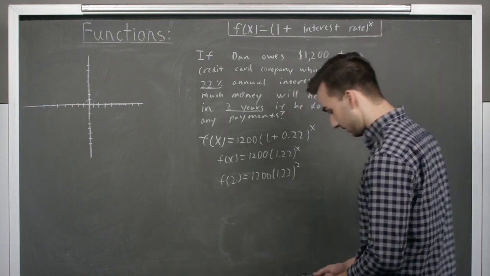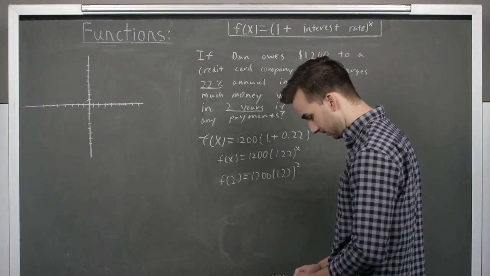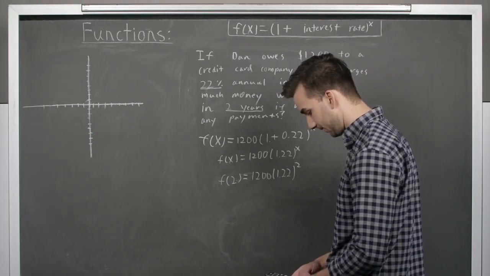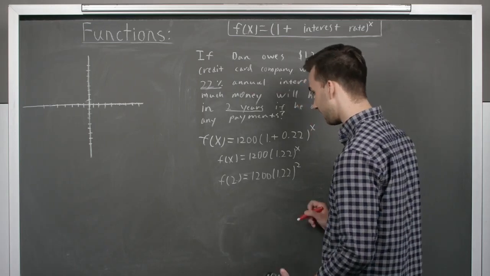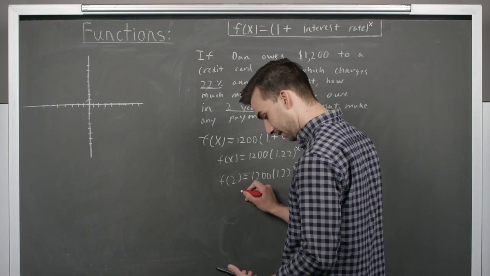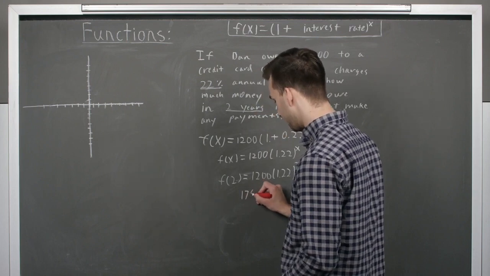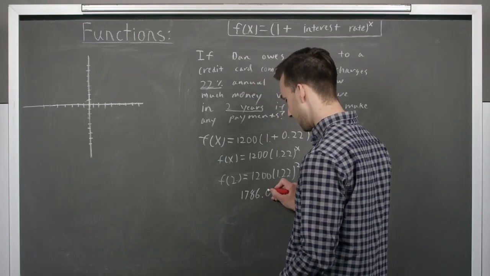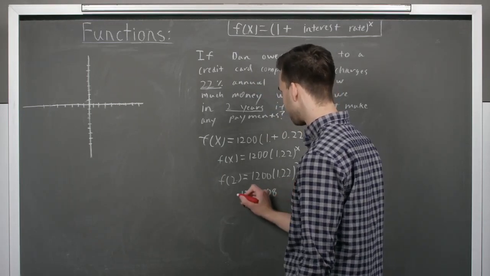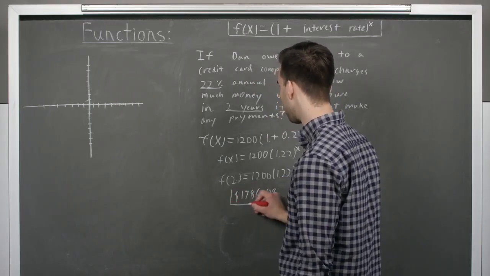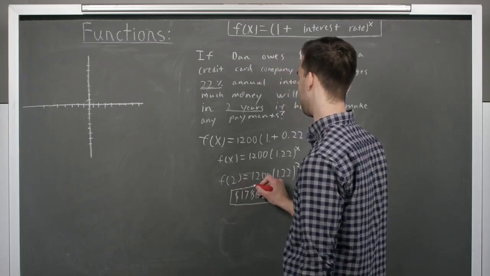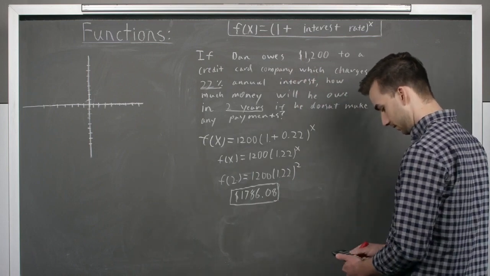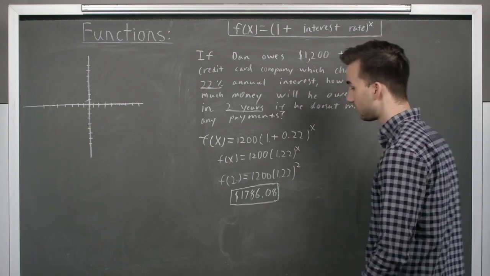So we can calculate this: 1.22 squared, and then I'm multiplying it by 1,200, and that gives us $1,786.08. That is how much he owes in 2 years, and that is the solution for this example.